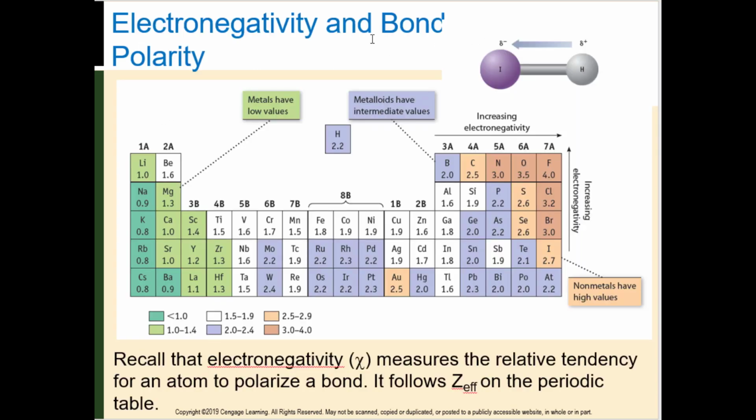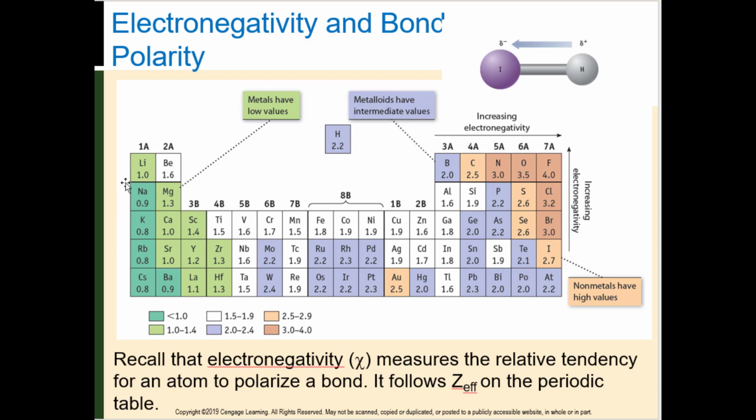So here's our electronegativity sheet here. Again, electronegativity is the tendency of an atom to polarize a bond. Follows the Z chart on the periodic table. And what we can see here is that metals have low values.